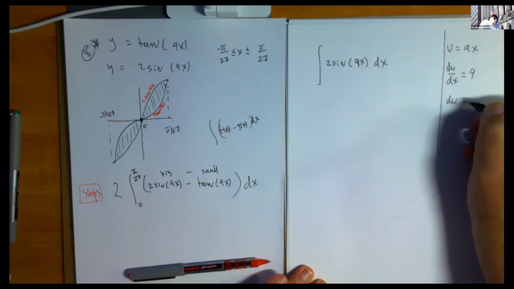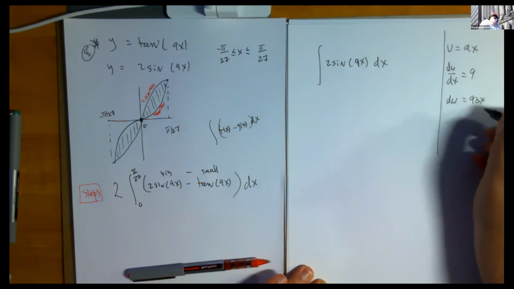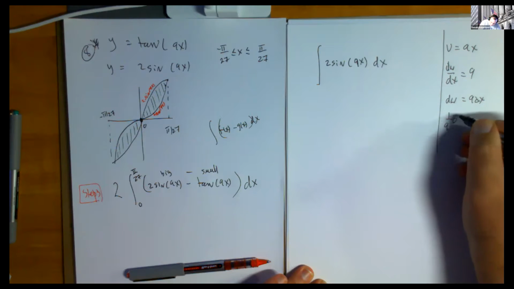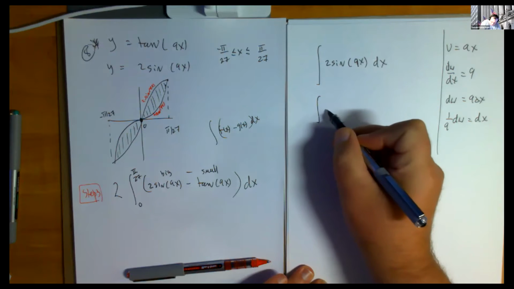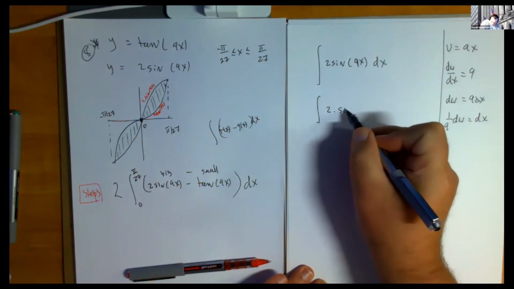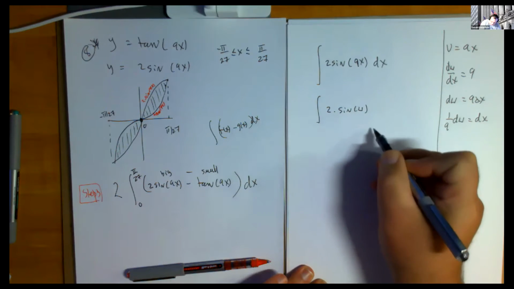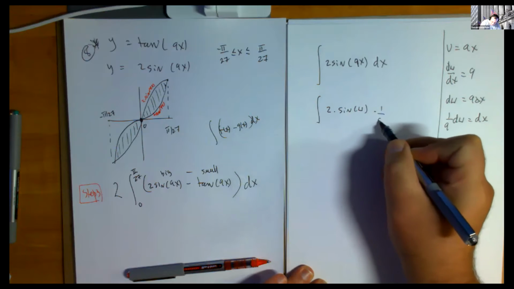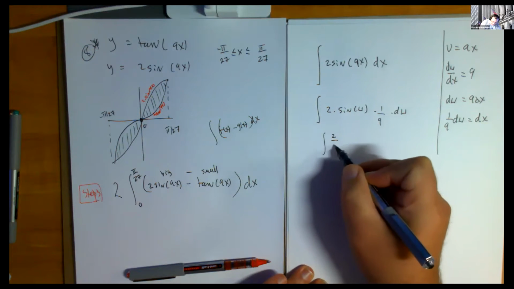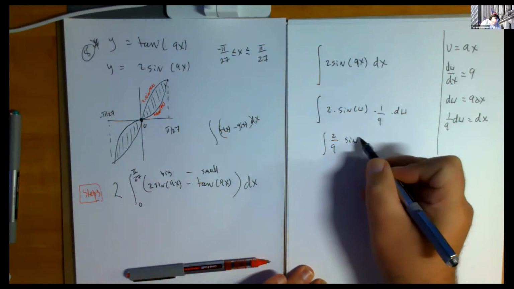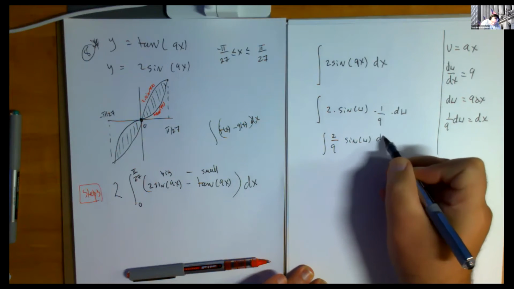Crossover, and then isolate the dx. So this becomes 2, the sine of u, 1/9 du, which becomes 2/9 the sine of u du.